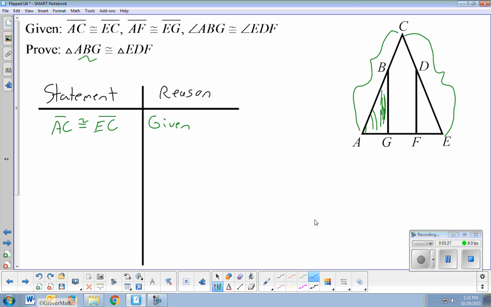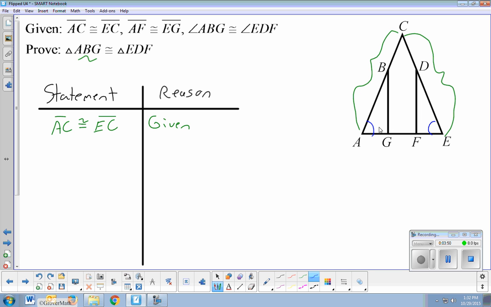And if that whole triangle is isosceles, well, in an isosceles triangle, we have two congruent sides, but we also have the angles opposite those sides. The angle opposite AC is E, and the angle opposite CE is A. So these are the angles opposite the two congruent sides of the big triangle ACE.